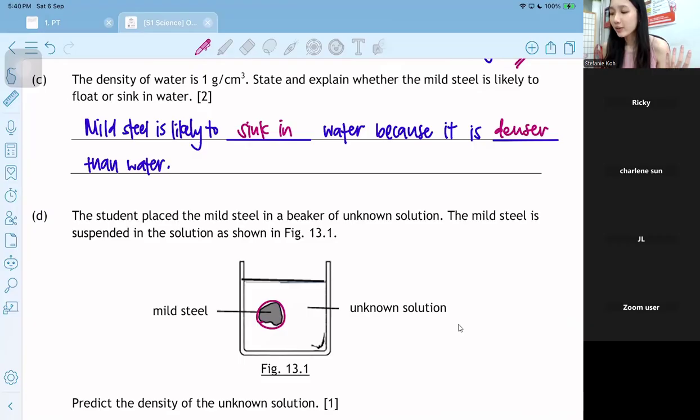But what you can infer is that if it doesn't sink, it is not denser, and if it doesn't float, it is not less dense. So if it's suspended, its density is the same as the liquid. That's why it's in the middle.